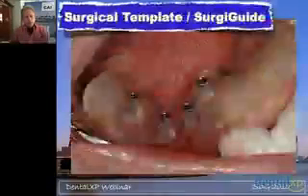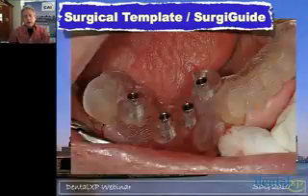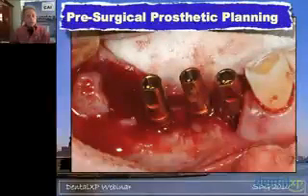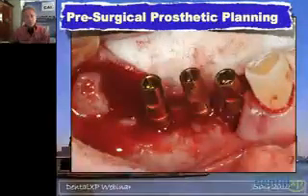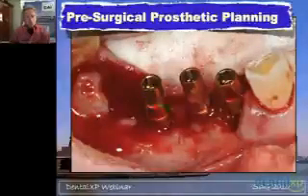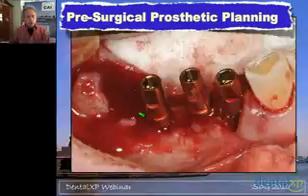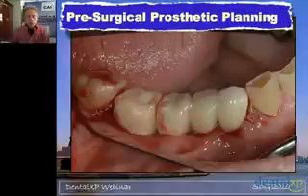But if we have a stereolithographic template that is a CT-derived template, we're able to go in and place the implants where we want, flat of the hex towards the facial, all planned to be placed within the transitional zone, and we'll show you that in a little while again.